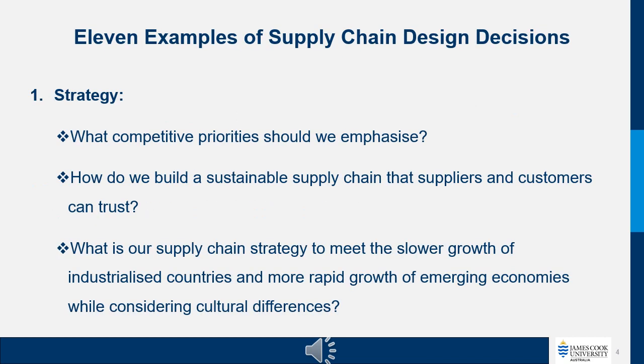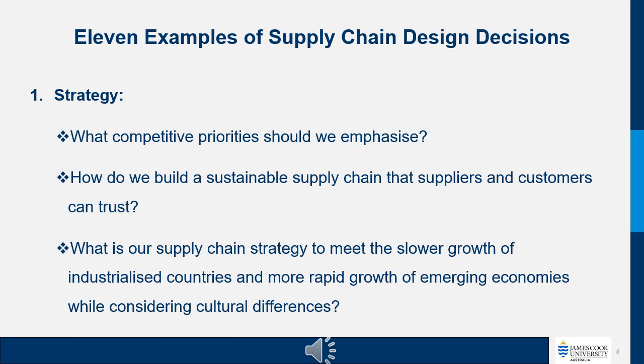So there are 11 examples that we go through. The first one is strategy. Supply chain design decisions should align with an organization's overall strategy, mission, and competitive priorities. This involves understanding the business objective and ensuring that supply chain design supports the organization's goal, such as cost leadership, differentiation, speed, or flexibility.